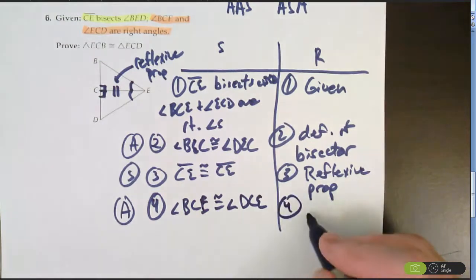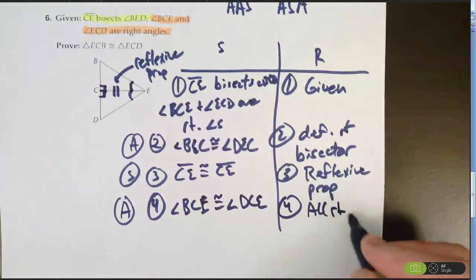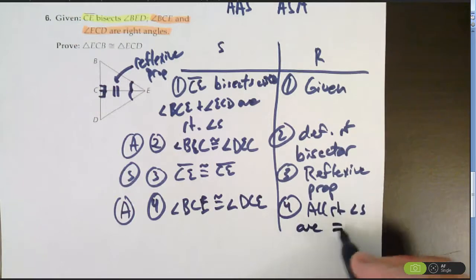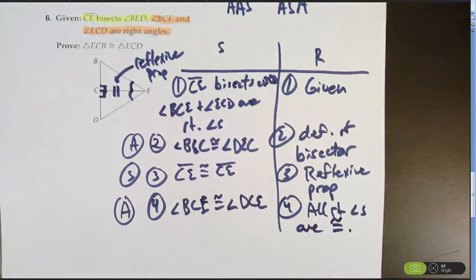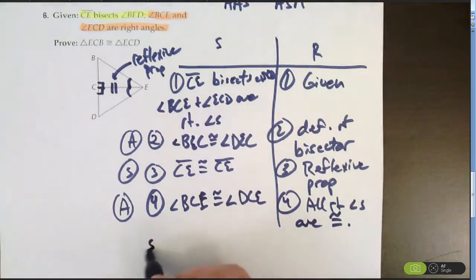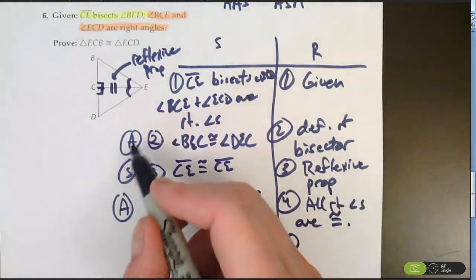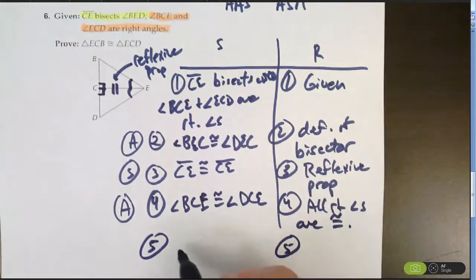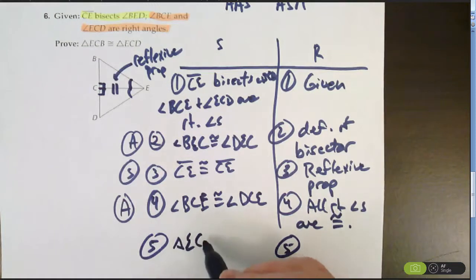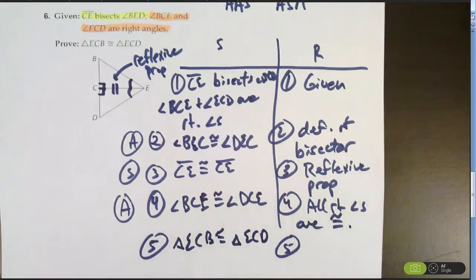And the reason was all right angles are congruent. And then number 5, now we've done angle, side, angle. We've got it proved in the problem. Triangle ECB is congruent to triangle ECD by angle, side, angle.